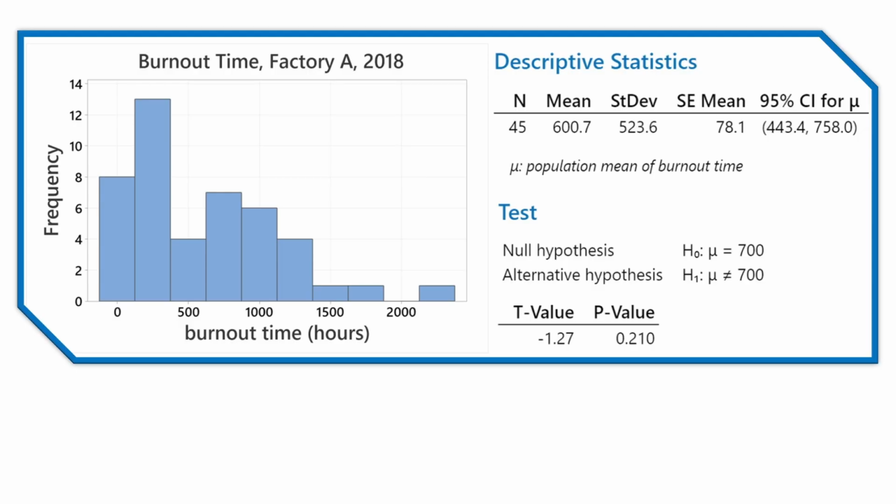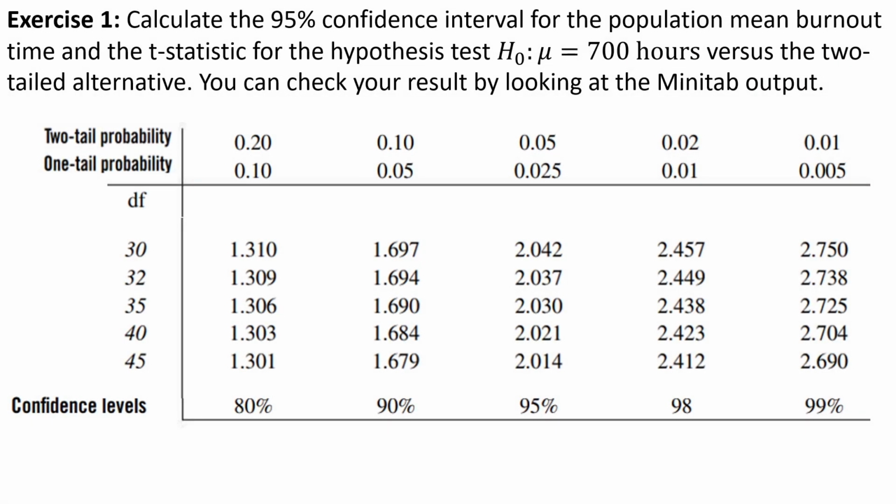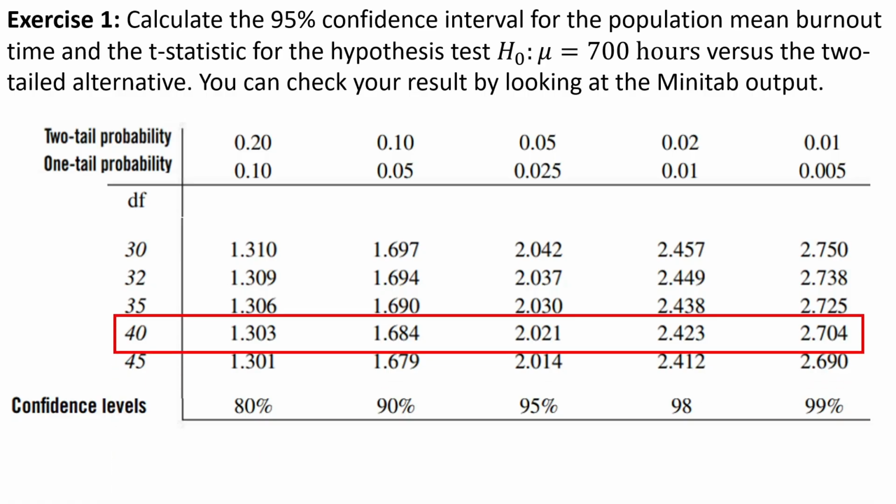So that means the degrees of freedom for this critical value is 44. And so the best we can do from our table is to estimate the critical value by looking at 40 degrees of freedom. We're looking for a 95% interval, and so the critical value is 2.021.